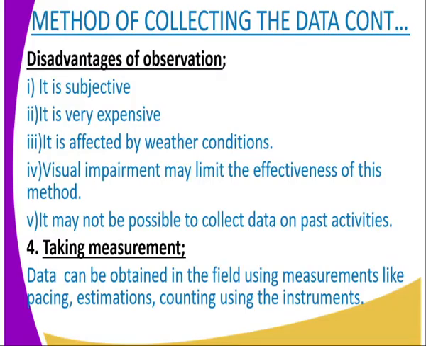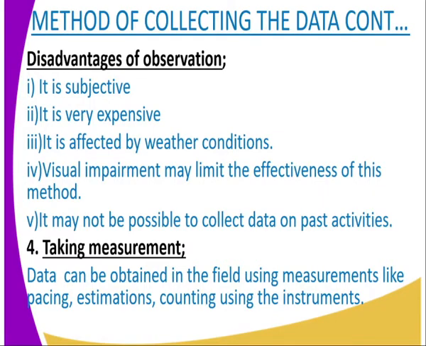Disadvantages. It is subjective. It is only based on one person, what you see, what you want to get. Number two, it is very expensive, since you need to go there personally, even if it is very far. Number three, it is affected by weather conditions.